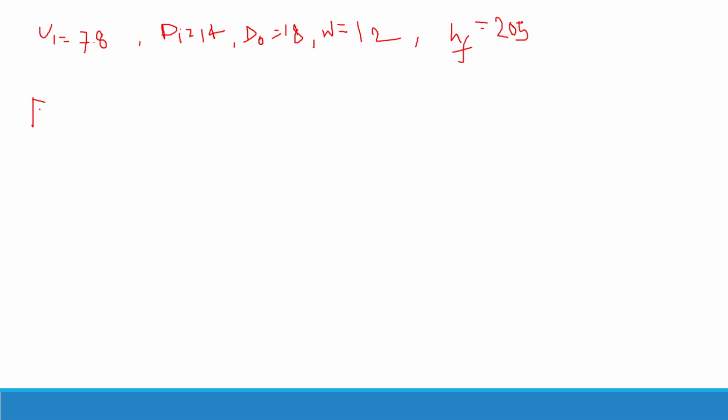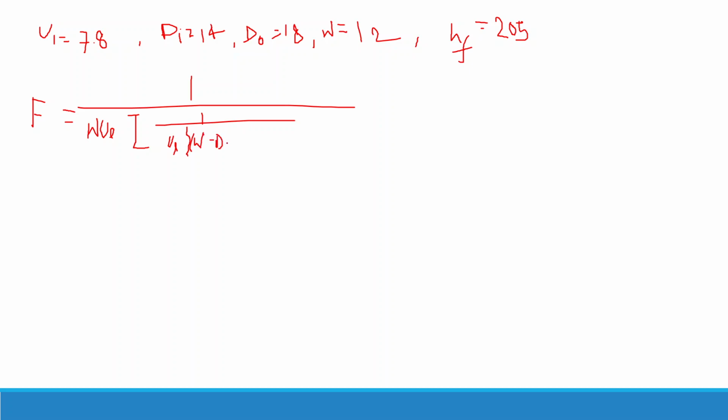Now from the formula you know, the collector efficiency factor equals 1 upon W into (1 upon UL, W minus D naught, phi plus D naught) plus 1 upon pi Di into hf.